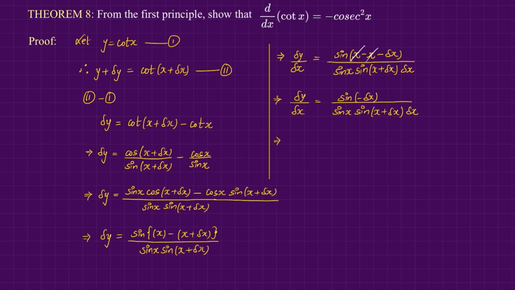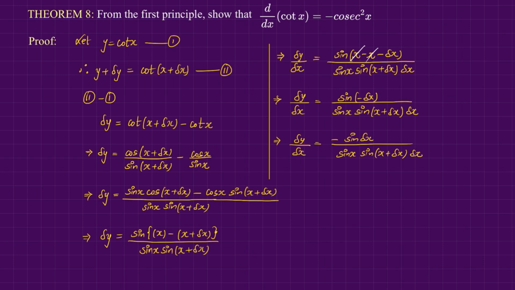This implies delta y by delta x equals, see, sine of minus theta is minus sine theta, so it will be minus sine delta x whole divided by sine x into sine (x plus delta x) into delta x.